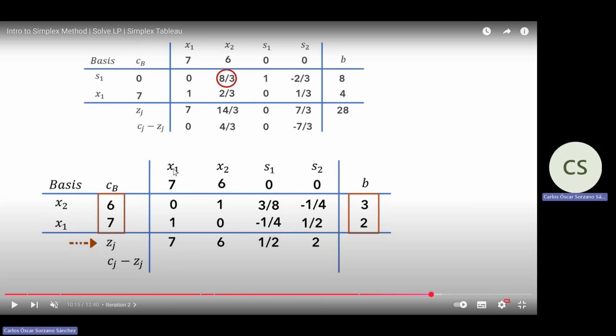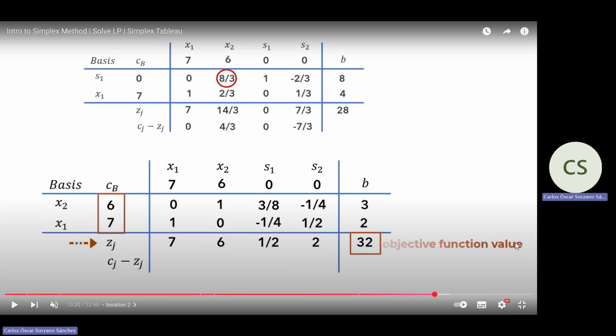If you get x1 out of the basis, for each unit of x1 you're giving up 7 units in your goal function, and the same for x2. And these two don't have any interpretation because they are not in the basis of your solution, so you are not giving up anything. Then 6 times 3 plus 7 times 2 is 32. This is the value of your objective function.